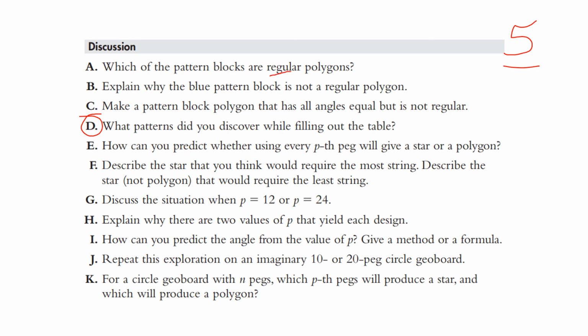Really quickly, the word regular, as a reminder, means all equal sides and all equal angles. The pattern blocks are going way back to the beginning of the year when we had the hexagon, the rhombus, all of that. If you have questions on those, just send me a chat and I can send you a picture of them if you don't remember. But you have to pick 5, but letter D must be one of them. So you can pick any 4 after that.